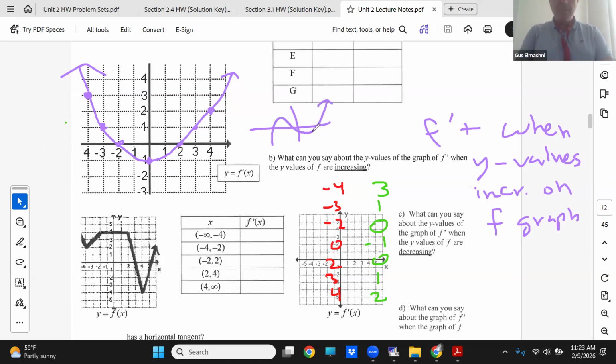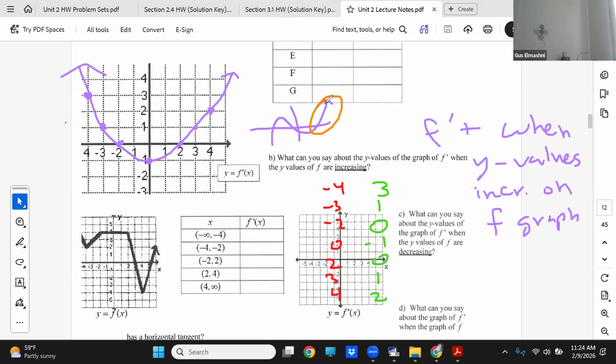On this portion right here, the y values are increasing. What's meant by that is as x increases, or as we go from left to right, what's happening to the graph? Is it rising or falling?